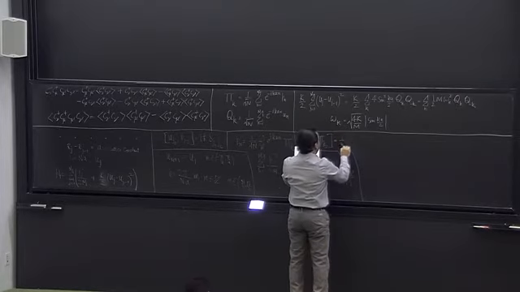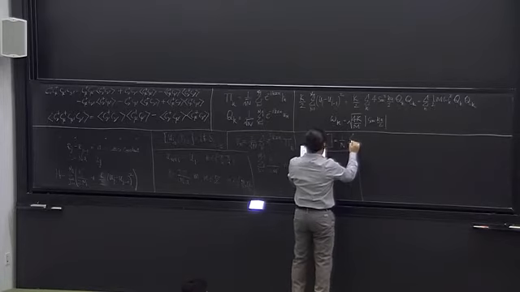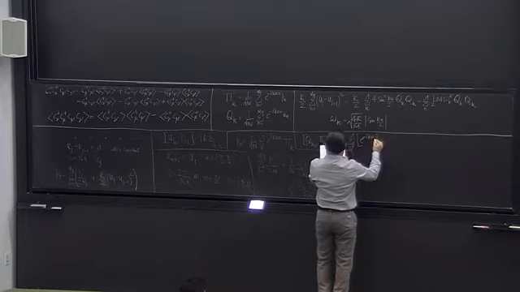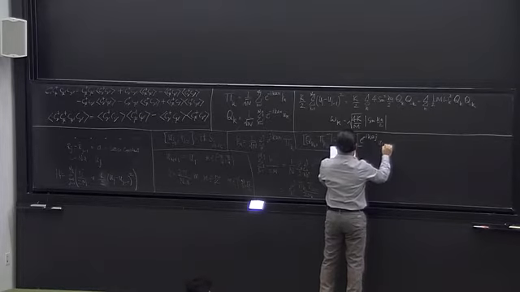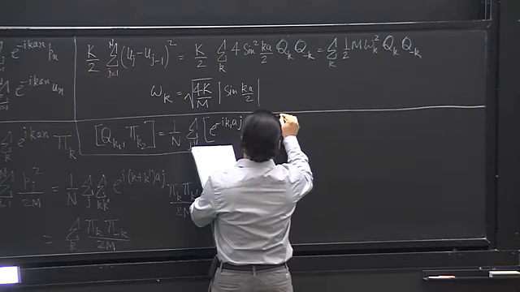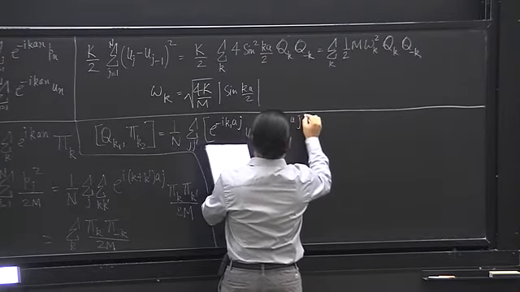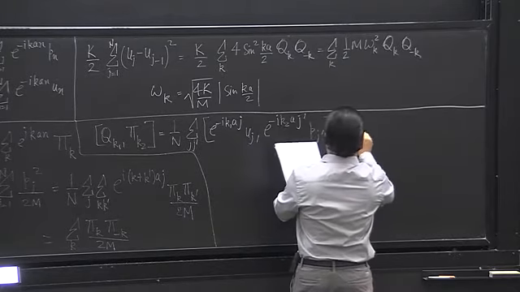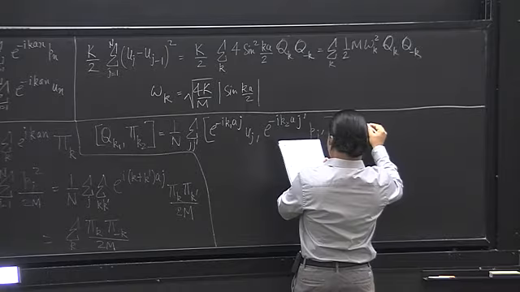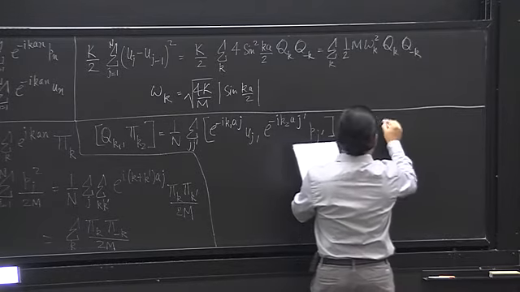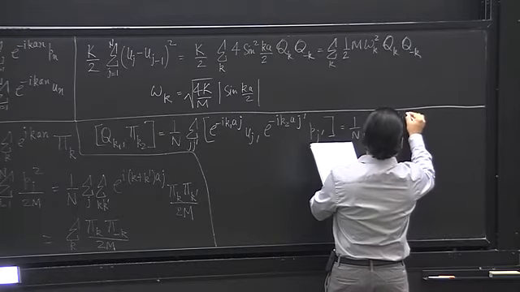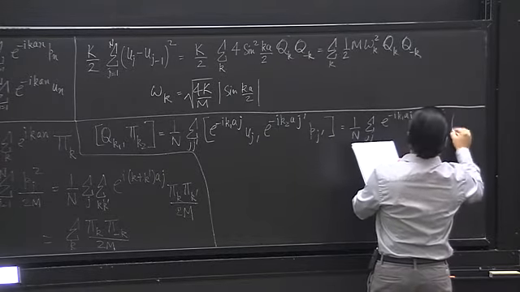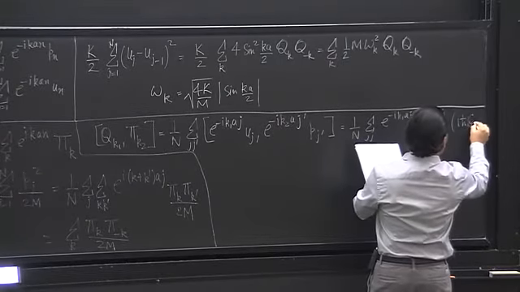If I calculate this commutator, I get 1 over n, and you can show that this is simply 1 over n sum over j prime e to the power minus i k1 a j e to the power minus i k2 a j, and now you have i h bar delta j prime.